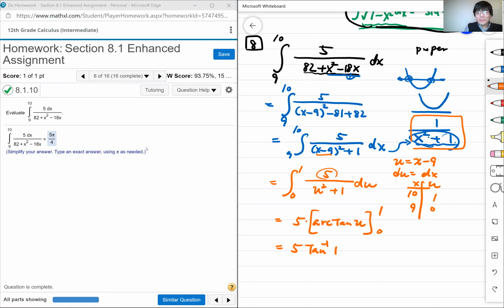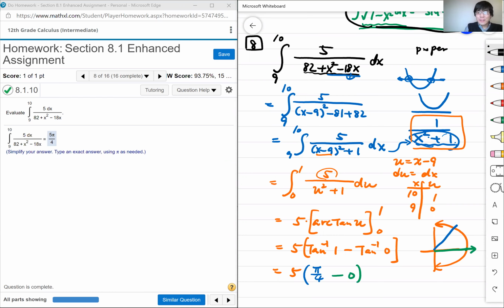So it's going to be arctangent of 1 minus arctangent of 0. So for what angle between negative 90 degrees and positive 90 degrees does the tangent become 1? The tangent becomes positive 1 at pi over 4. And the tangent becomes 0 when the angle is 0. So the answer is 5 pi over 4.